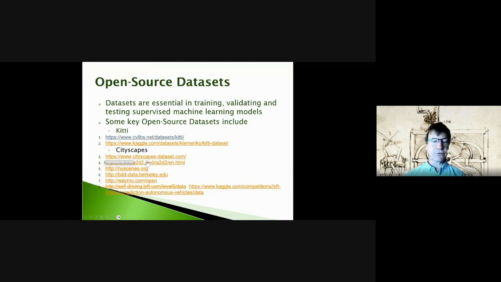I encourage you to go click through these. You may download some of these and take a look at them, open them up, look at how the data is arranged. So in machine learning, it's typical that we would have one or maybe many files where each file has comma separated values in them, and kind of looks like an Excel data sheet or spreadsheet that's been saved, the data part of it, right?